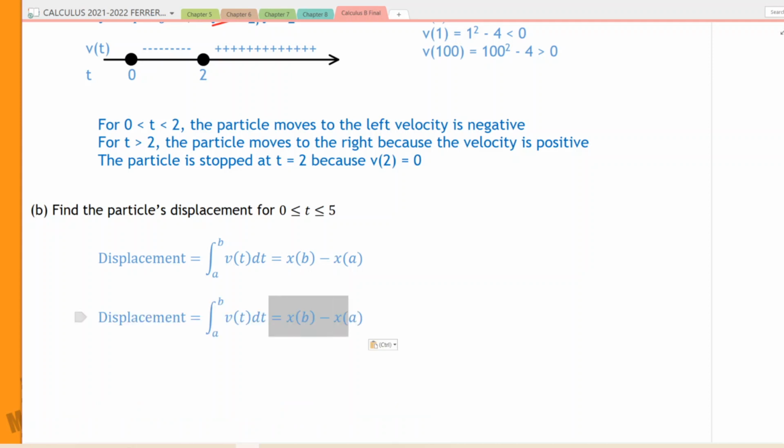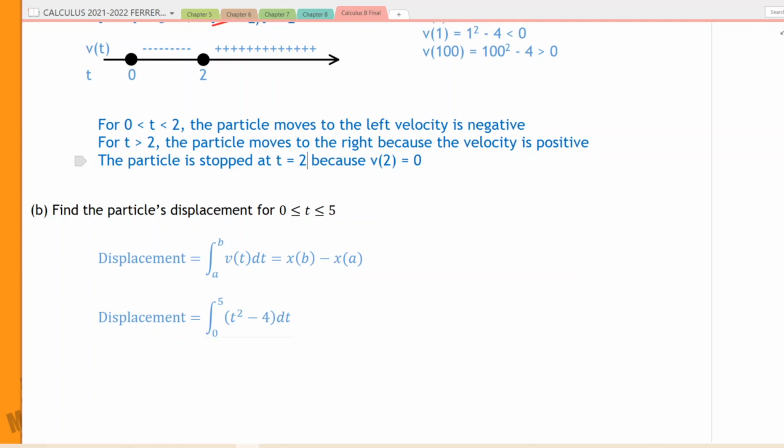Well, we don't need the position at B minus position at A, since we don't have the position formula. We know that velocity is t squared minus 4. And we know that A and B are 0 to 5, which sets us up nicely for the integral. So let's take our antiderivatives.